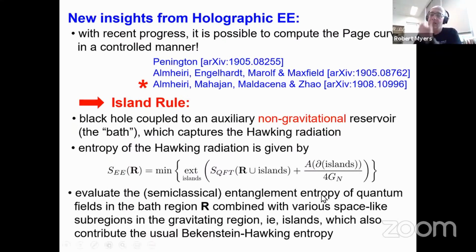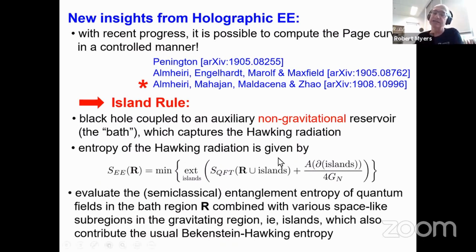But their island rule was that the entropy of the Hawking radiation should be given by this expression here, where I'm evaluating the entanglement entropy of the quantum fields in the bath region. So that's where our radiation is. But we're actually combining that region with various space-like regions in the gravity region. And these are the so-called islands.